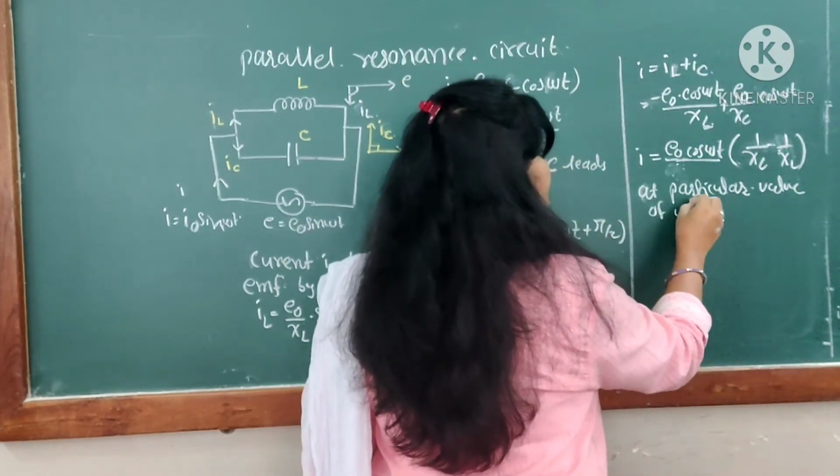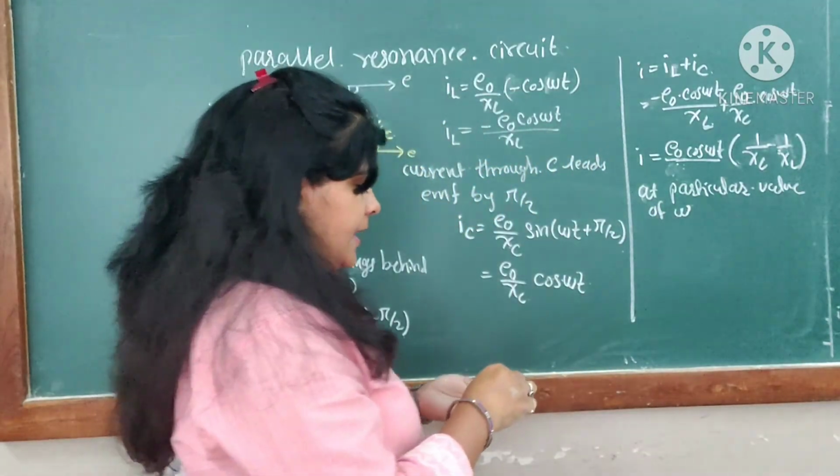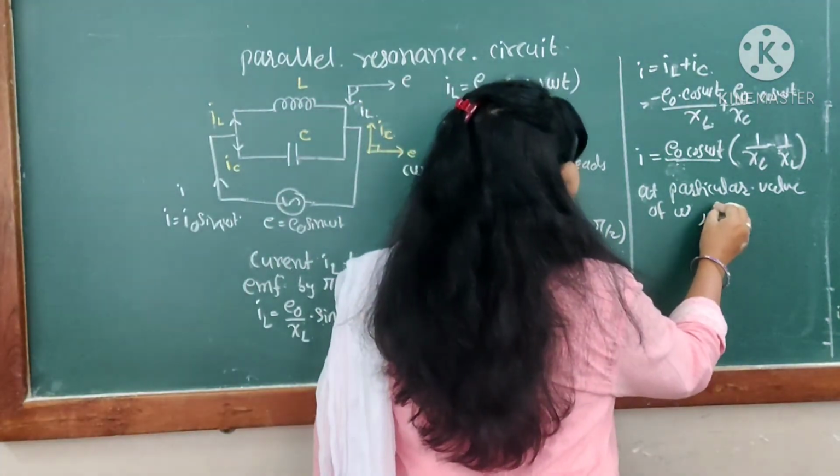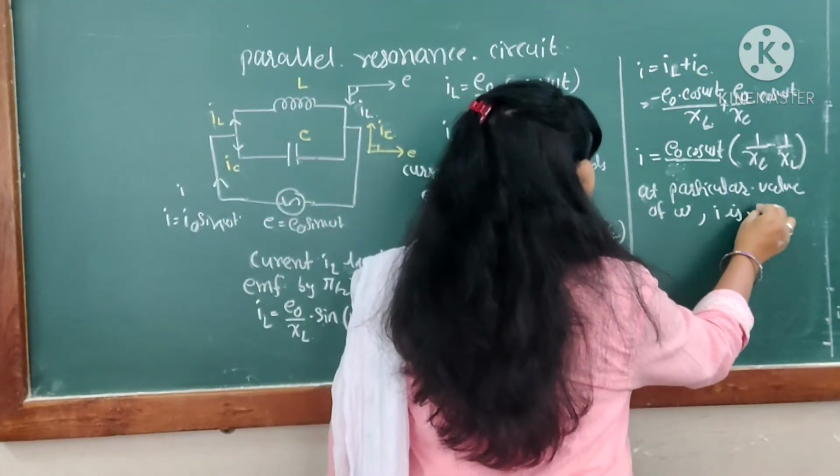At resonance, at a particular value of angular frequency omega, the current becomes minimum.